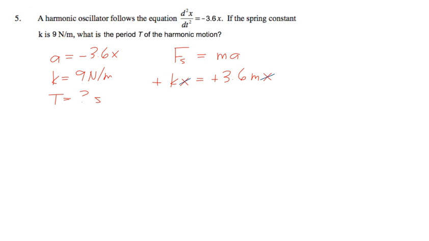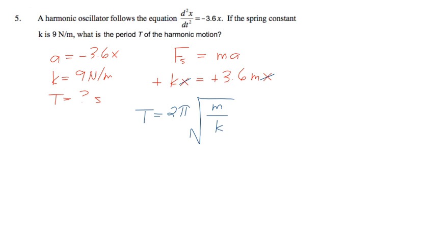I might have needed the 9 to solve for something else, but I don't need it here because if I'm solving for T, my formula is 2 pi square root of m over k. That's my formula for the period of something in simple harmonic motion.